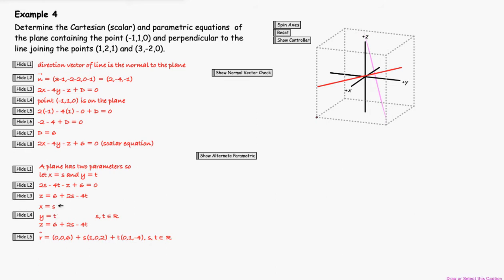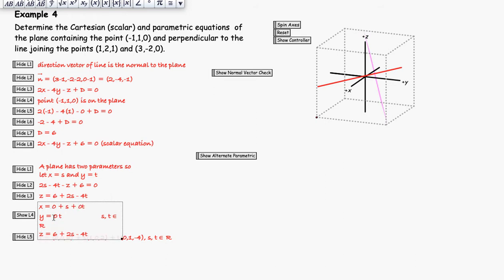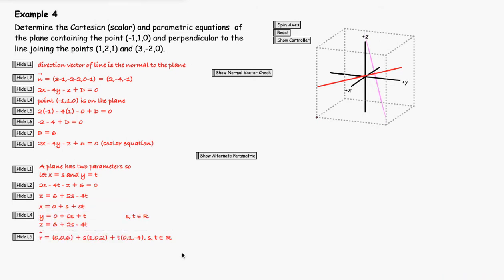The direction vector for t is going to be 0, 1, -4. And if you like to make it clearer, I could write 0 plus s plus 0t. And here I can write 0 plus 0s plus t. And then that will make it clearer where these come from: 0, 0, 6, 1, 0, 2, 0, 1, -4.